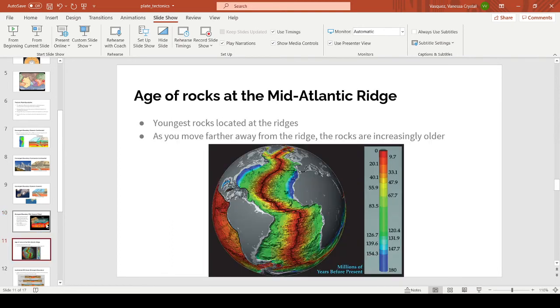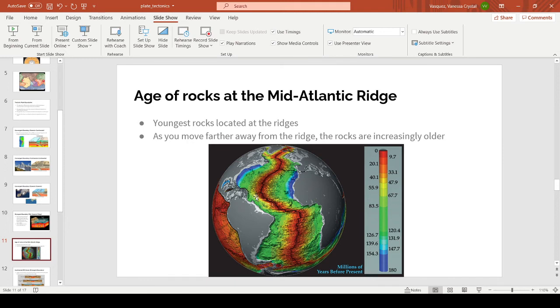So this map is showing you the mid-Atlantic ridge. So this black line is the mid-Atlantic ridge, also known as the divergent boundary. So as we learned, as the magma rises, the lava erupts, creating new oceanic crust. So if we compare it to the age of these rocks, we see that the red zone, they're very young.